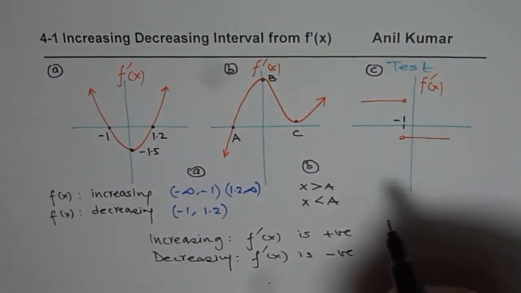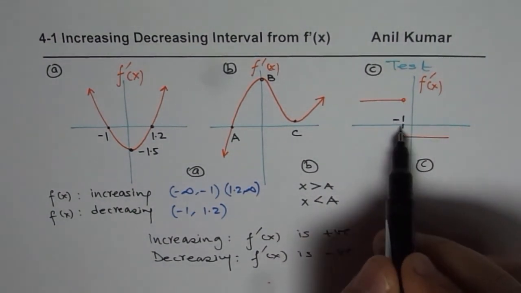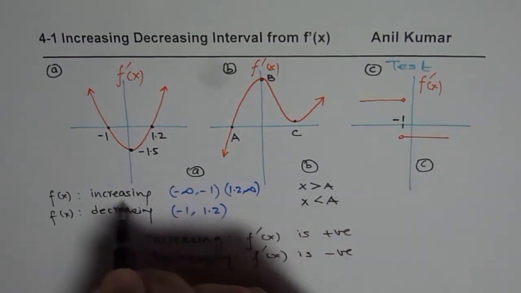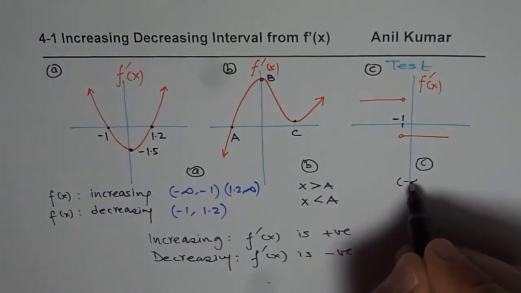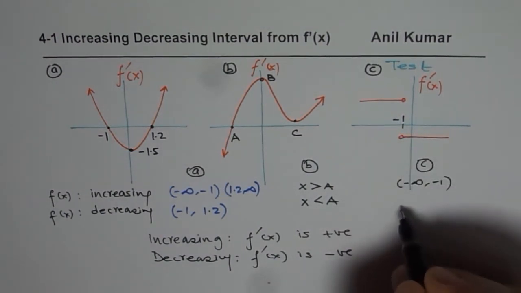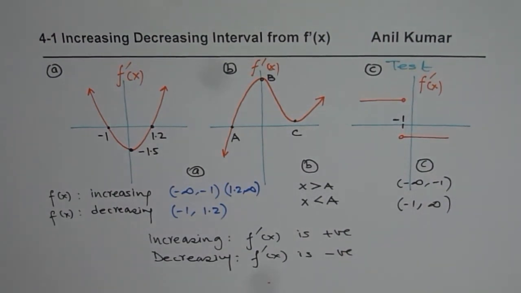Okay, so in that case for C, the derivative is positive when the value is less than -1. So in that case, the increasing interval will be from -infinity to the x value of -1, and the decreasing interval is from -1 to infinity.